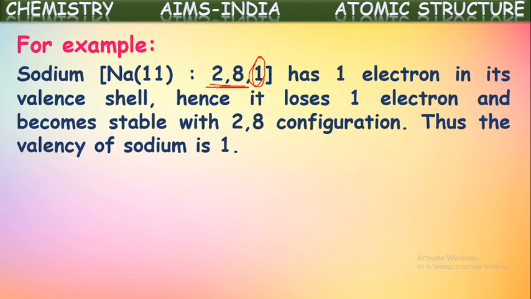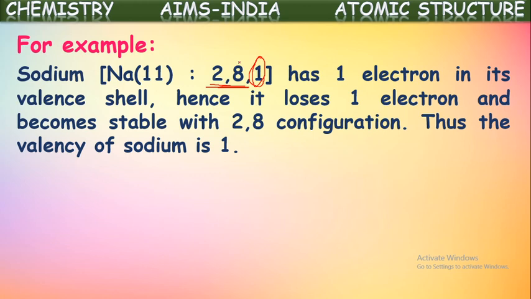This is the nearest noble gas configuration, neon configuration. As it is getting 8 electrons in the outermost shell, it becomes stable. Like this, atoms with less than 4 electrons in the outermost shell lose them and become stable. Thus, how many electrons is sodium losing here? 1 electron. So the valency of sodium is 1.